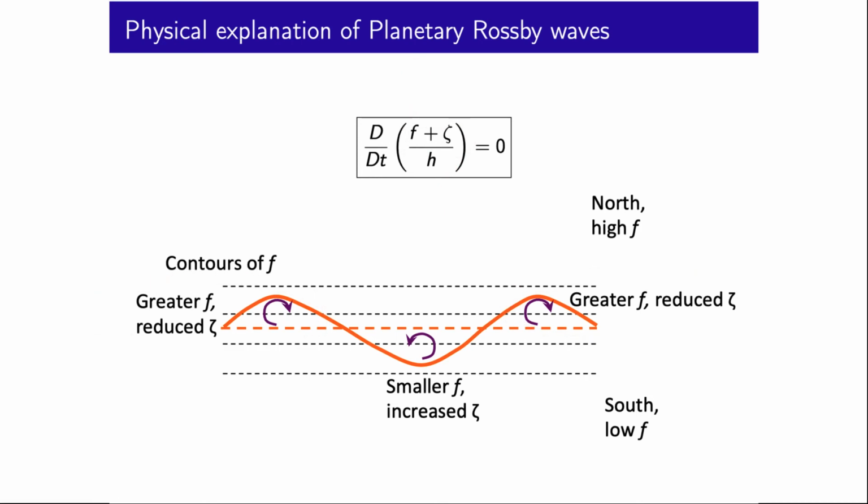For fluid on the stream path that moves into regions of smaller planetary vorticity, to maintain potential vorticity, it will have to increase its relative vorticity and be rotating anticlockwise relative to its new surrounds. So when we consider the net effect of these perturbations on the original stream path, we can see how they tend to promote a westward propagation along that stream path.